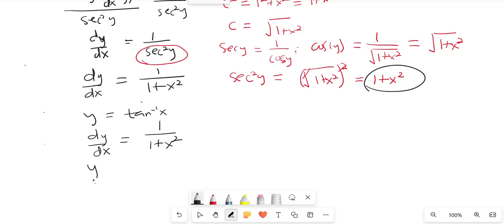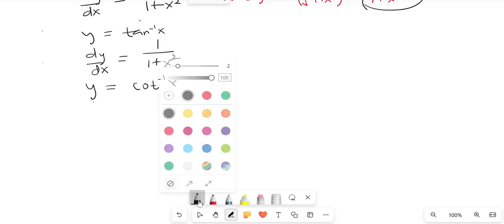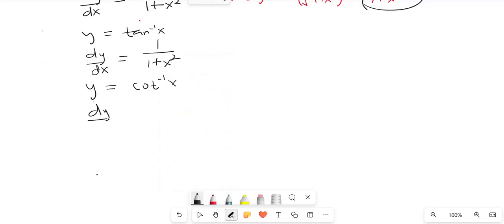If we have y equal to the cotangent inverse, which is normally written as cot inverse of x, the derivative of the cotangent inverse of x is equal to the negative of the derivative of the tan inverse of x, which is negative 1 over 1 plus x squared.